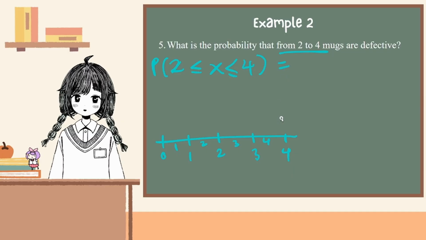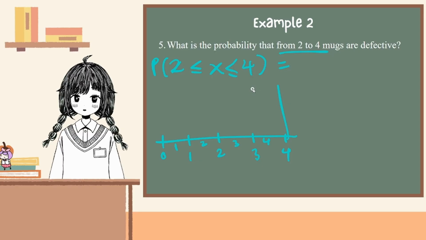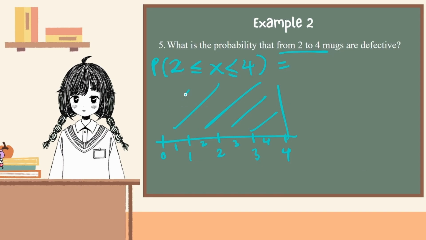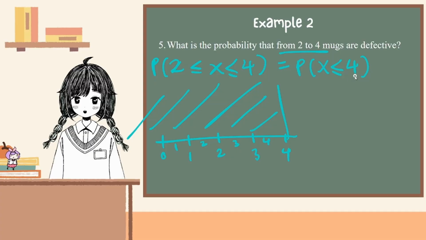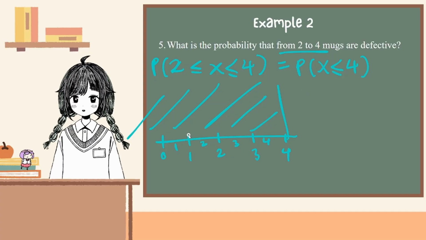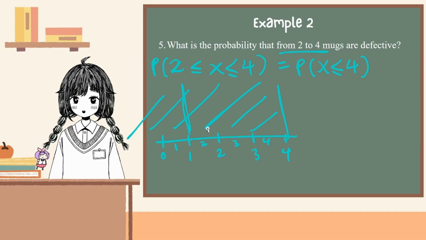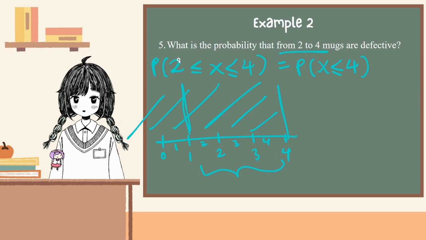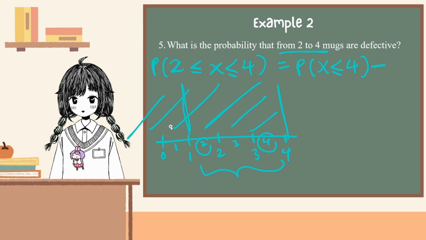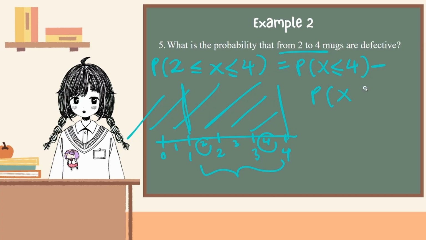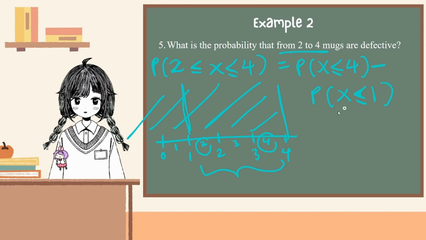To solve this, we will look at the highest number first. So we will cross all of this, which means this is P(X less than or equal to 4). Since we want our final answer to be in here, which includes 4, to get rid of this we minus P(X less than 2).